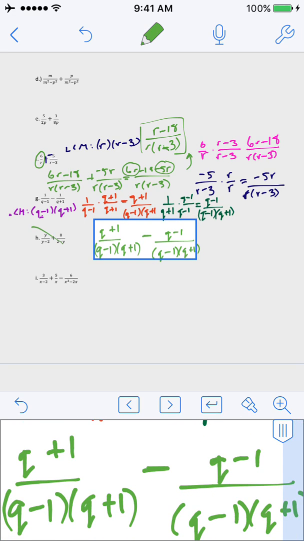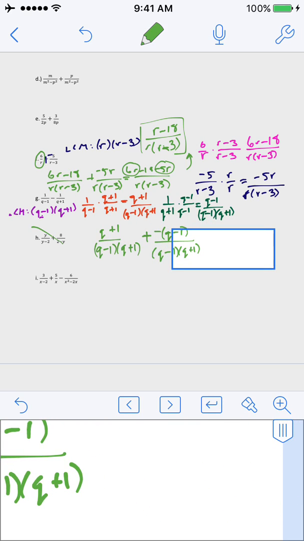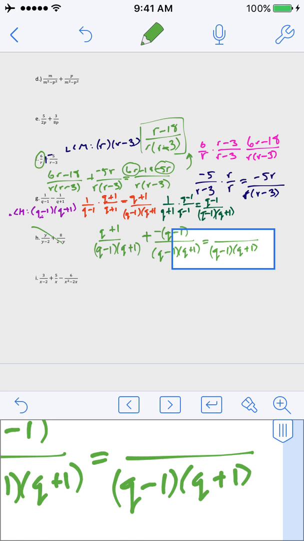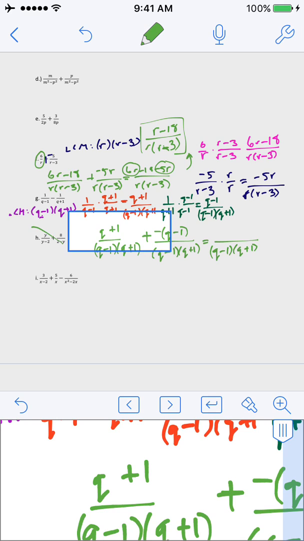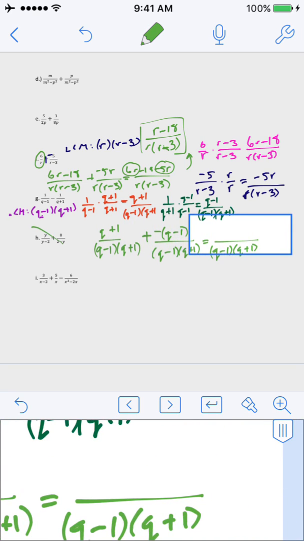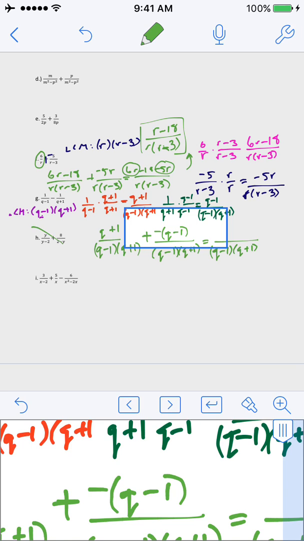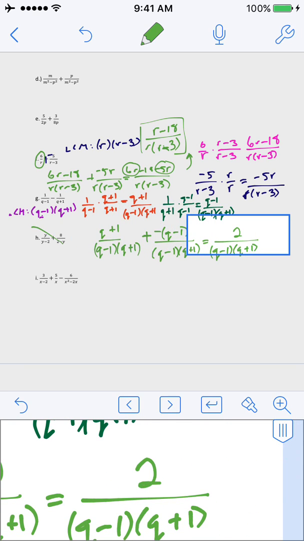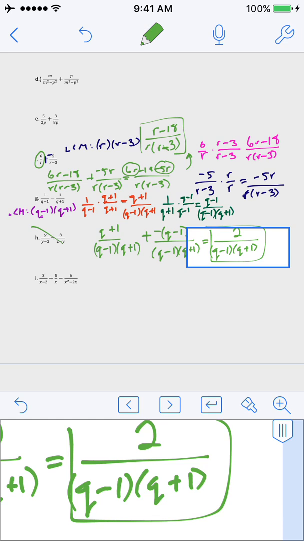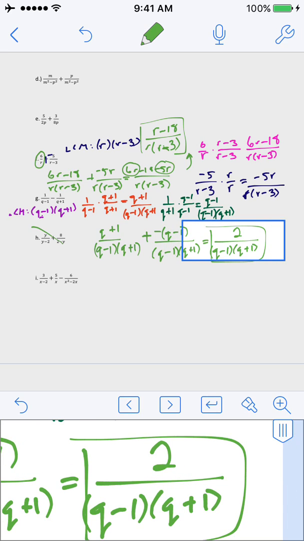Now I can just change this from plus to minus, right? So I'm adding a negative, and then I get q plus negative q, that cancels out. 1 plus negative 1, I'm sorry, 1 plus positive 1 is a 2. And that's my final product.